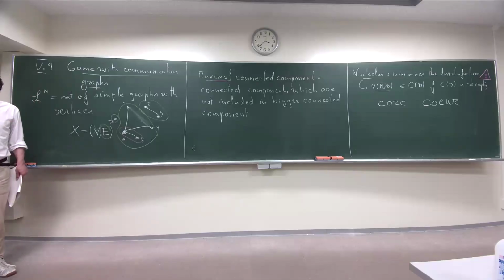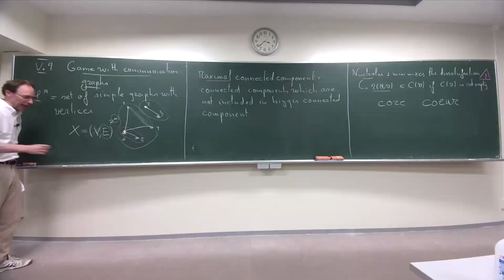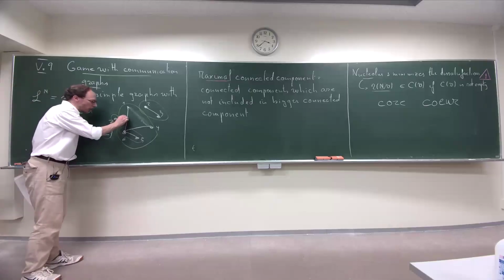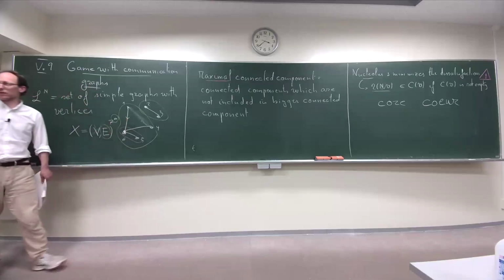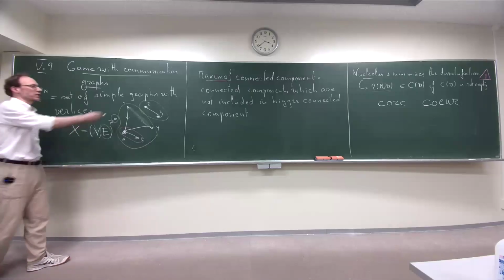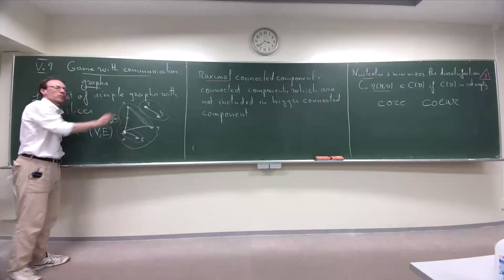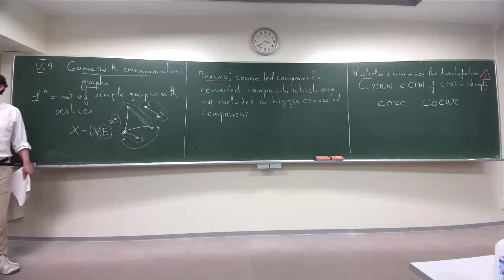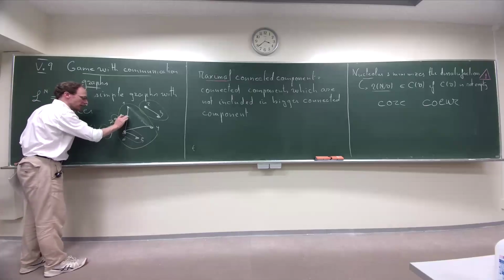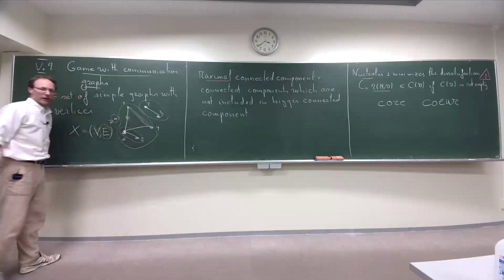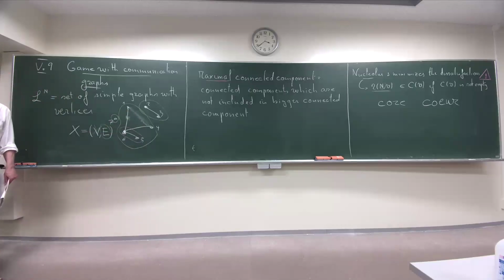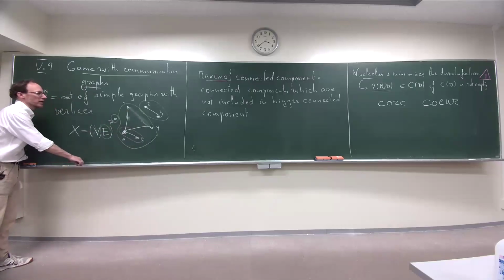So you have additional structure that I'm not going to use today, but which can be used. And additional information which can be used is you can also have communication with direction. So you can say, this point can communicate with this one, but for example, this one cannot communicate with it. So the theory is richer. We can develop it further. Today, I just consider the fact that this is a connected or maximal connected component. But you can play with additional structure.